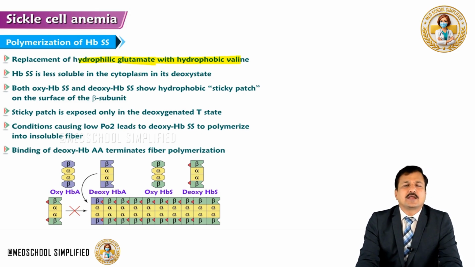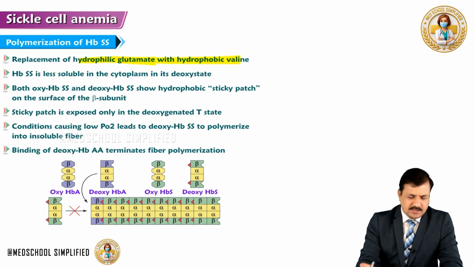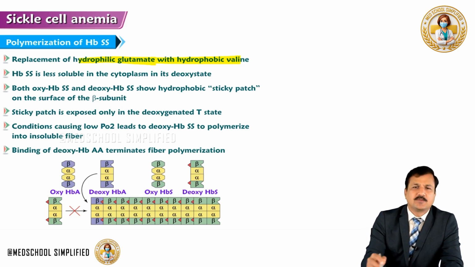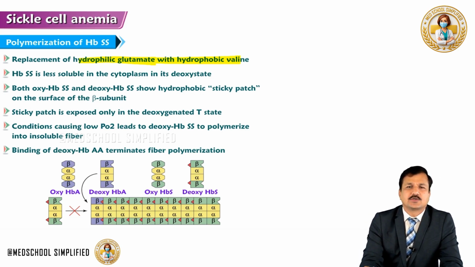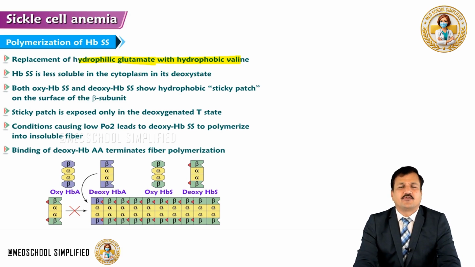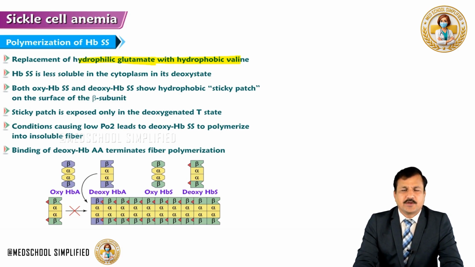That's why hemoglobin SS becomes insoluble only in the deoxy condition, because during the deoxy condition, this additional valine, which is hydrophobic, will be exposed on the surface.